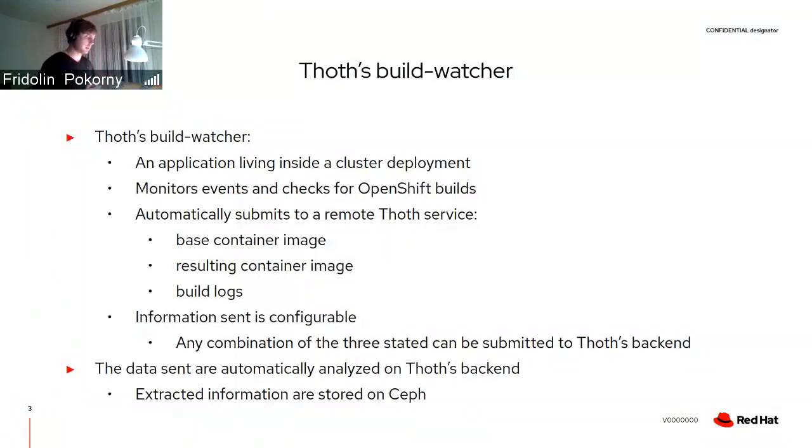So the text printed to standard error or standard output. This information is automatically sent to Thoth backend, and which information is sent is configurable, so you can configure Build Watcher to send any of these three or any combination of the three stated.